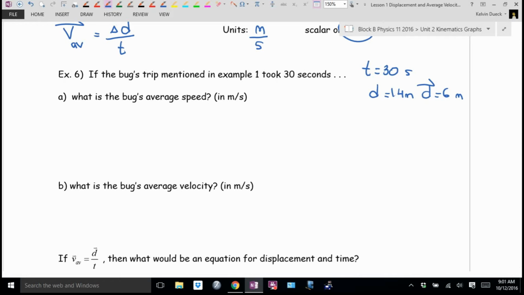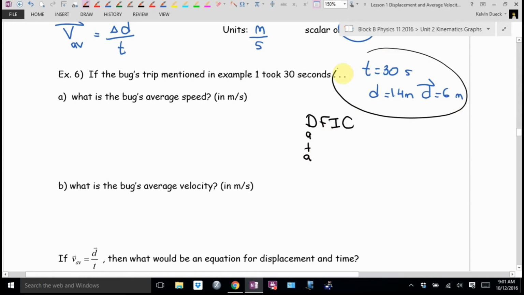When I'm solving physics questions, until I get good, I tend to use an approach that I call DFIC. It's an acronym. You can put it in the margin somewhere. DFIC stands for list your data. We did that right there, but I always do that first.